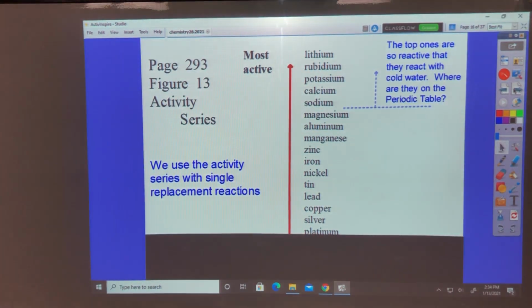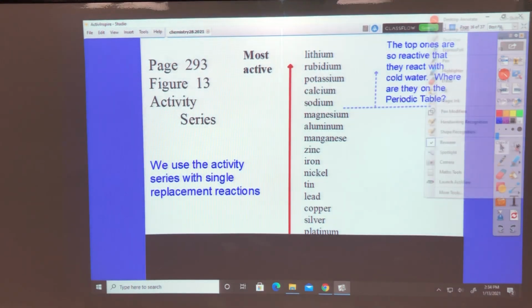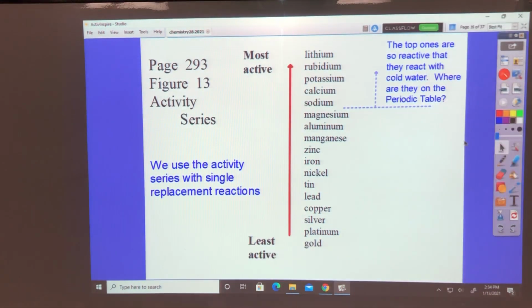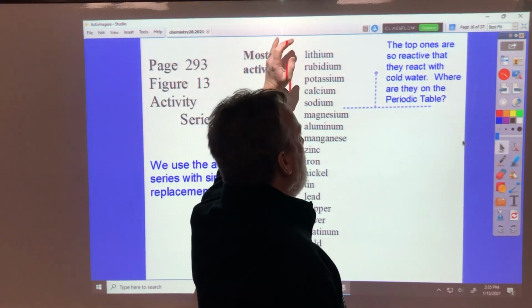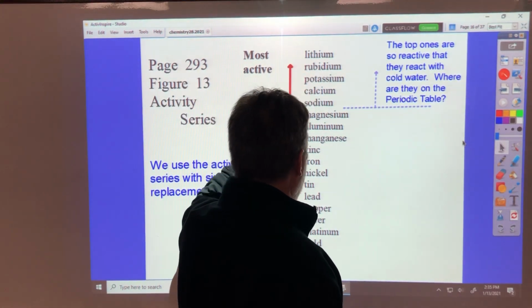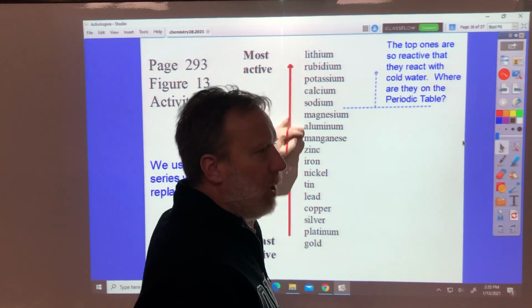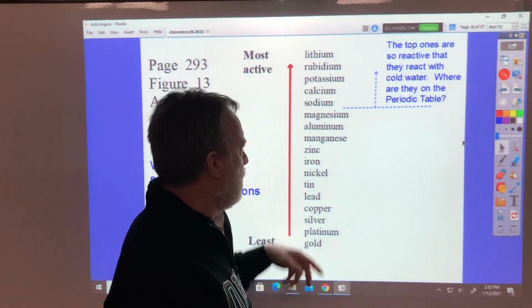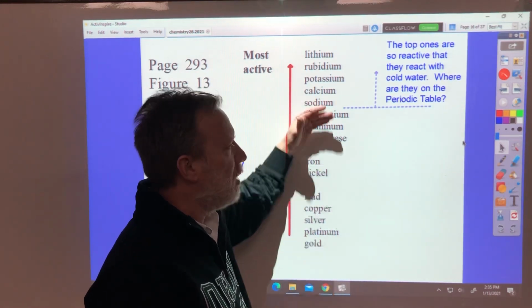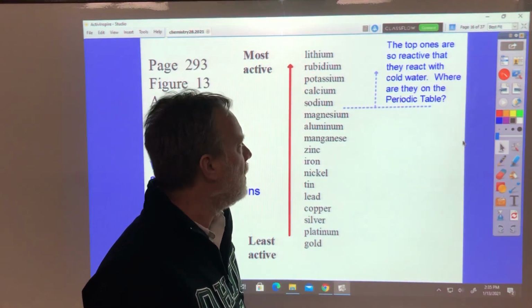Notice, and I mentioned this in class on Tuesday for the people that were here, that if you start on the left of the periodic table, and by the way, there are not even probably 20 substances in here. This is not a very complete activity series. We could easily double or triple the size and put a bunch more metals in here and have an activity series.